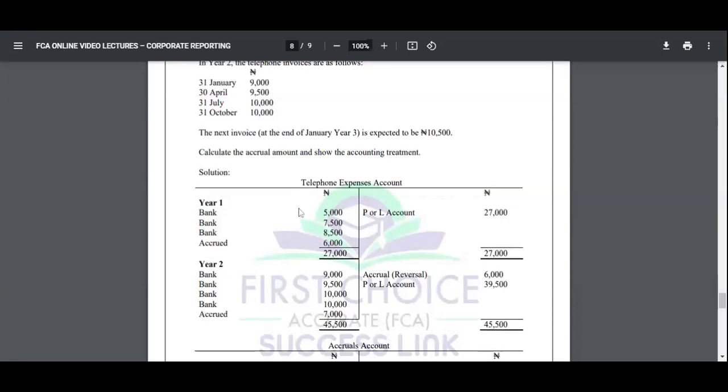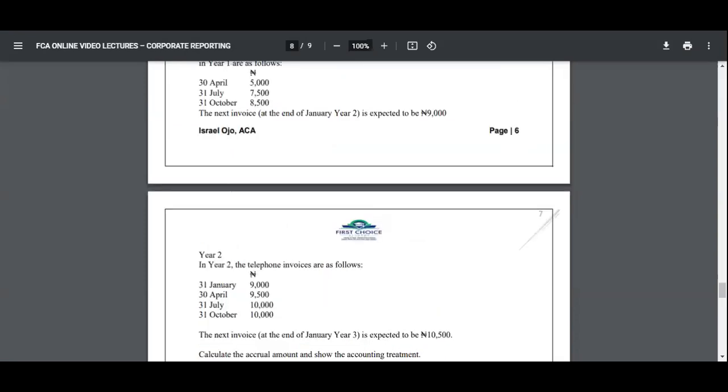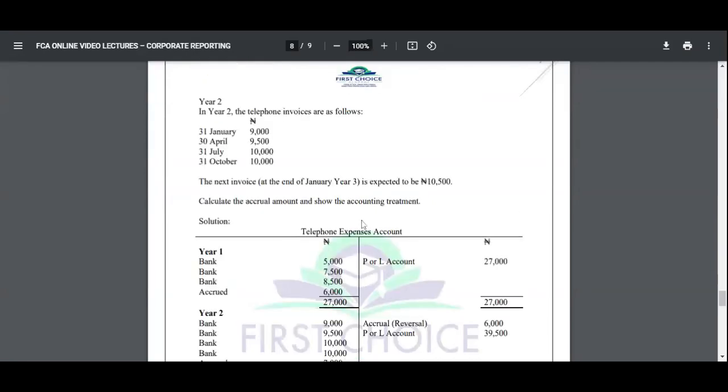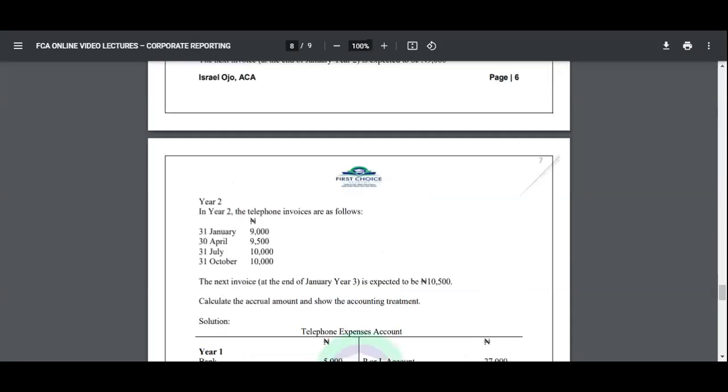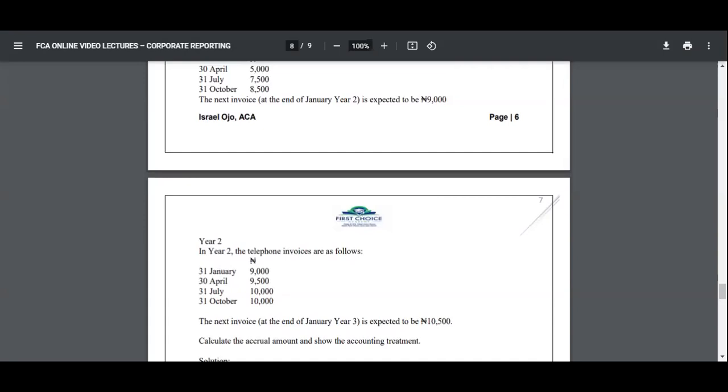In year one, this invoice will be paid in arrears, in year two it will be paid, in year three it will be paid. But how much are we going to be owing? By January, it means that in November, December, and January, we used 9,000, and we are only reporting up to December.